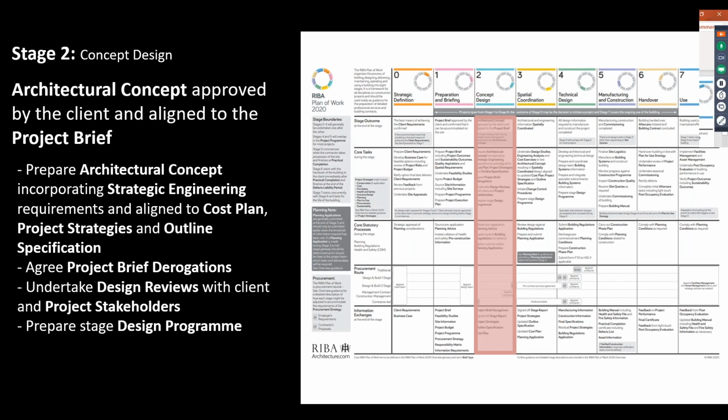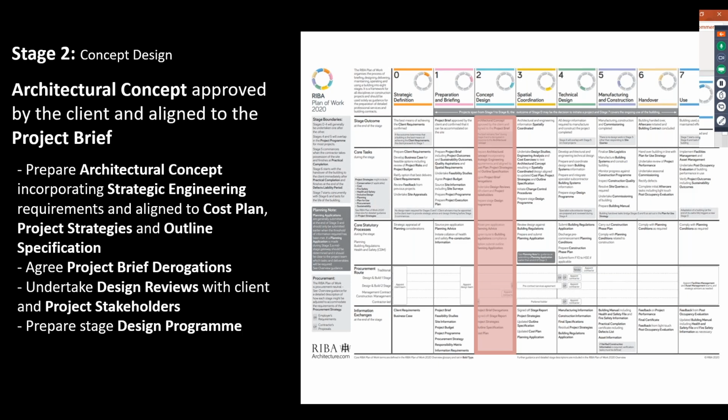And of course, there will be a number of standalone project strategies on a number of subjects from fire safety to sustainability that need to be signed off as part of that process. And it's absolutely crucial that we understand the level of specification of the building, because in turn, that impacts on the cost plan. And it's also important that we agree any derogations from the brief, because as the design progresses, it is possible that the brief may need to be honed and changed to reflect discussions with the client team as the design progresses.